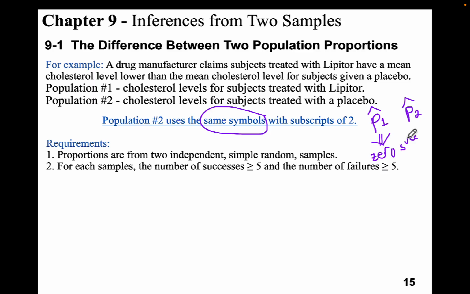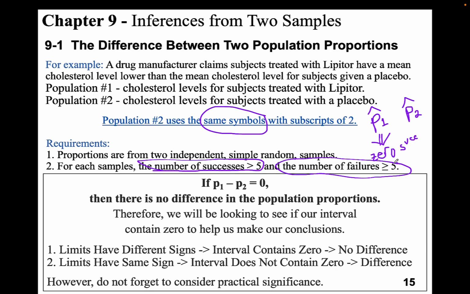It wouldn't make sense for us, and we can't use these programs to compare two populations that don't at least express some level of success and some level of failure. And the bar for that is set as 5 or more successes and 5 or more failures for each population. Then we can compare the two using the difference between two population proportions.